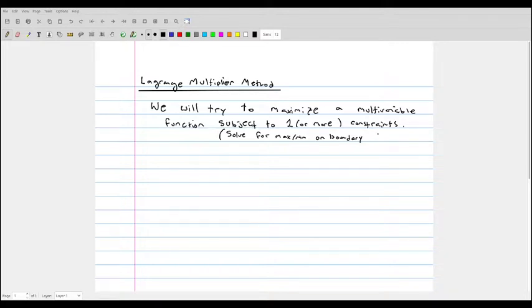Which was step B in our optimization procedure that we described in the last lecture. So what we'll focus on in this lecture is just maximizing a function of two variables, or I guess we should probably say optimize instead of maximize, because really this procedure will give us both the maximum and the minimum.